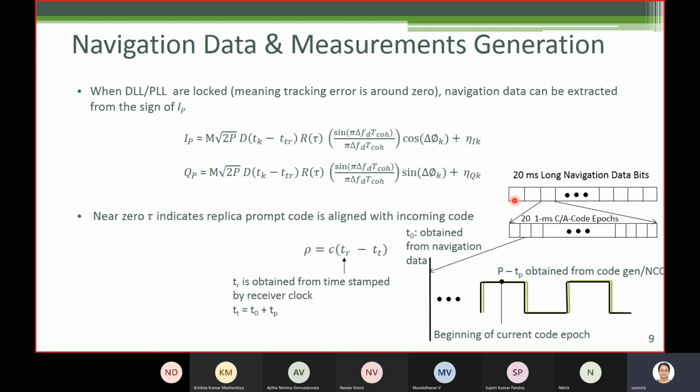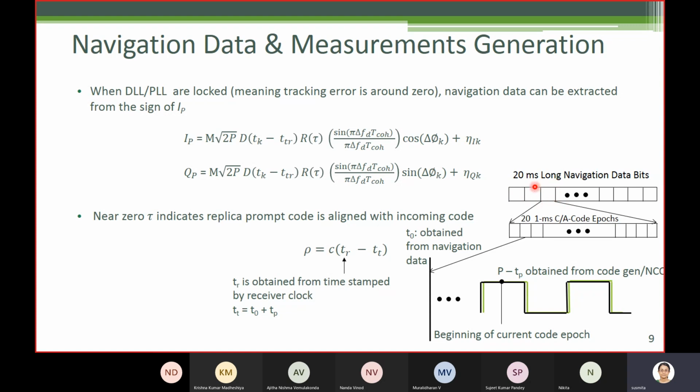Once you demodulate and decode the navigation data, you can find the time of each of these bits. So each is a navigation data bit, 20 milliseconds long, and by decoding the navigation data, it is possible to find the beginning of each bit. So we know precisely at what time this bit started in the satellite, at what time this bit started, and so on. So by extracting and decoding the navigation data, we know this time instance.